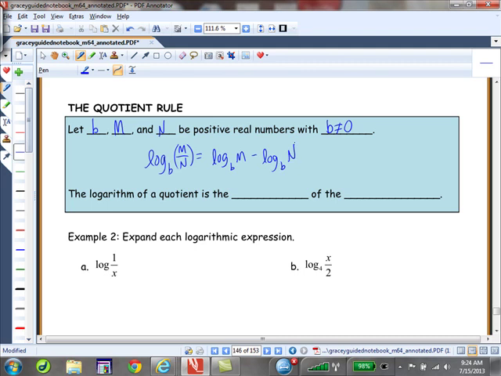Because remember from our second warm-up, when you have the same base and you're dividing, you subtract the exponents. A logarithm is an exponent, and that's where this subtraction comes in. So the logarithm of a quotient is the difference of the logarithms.